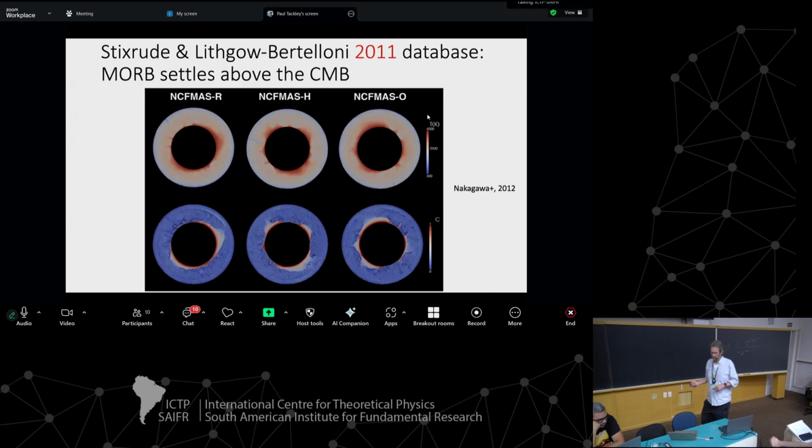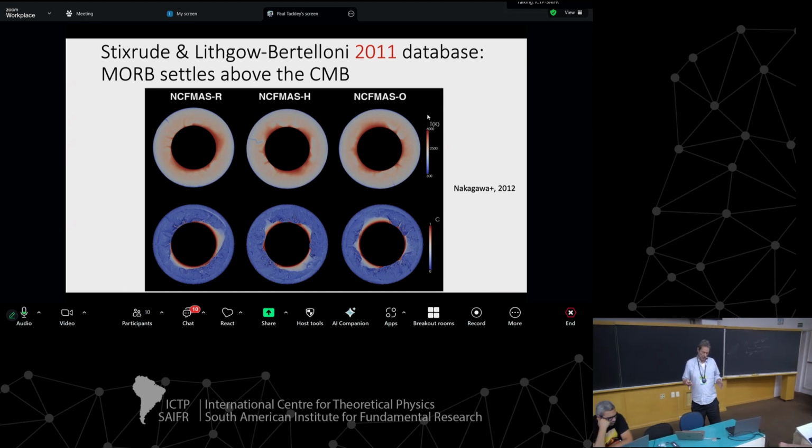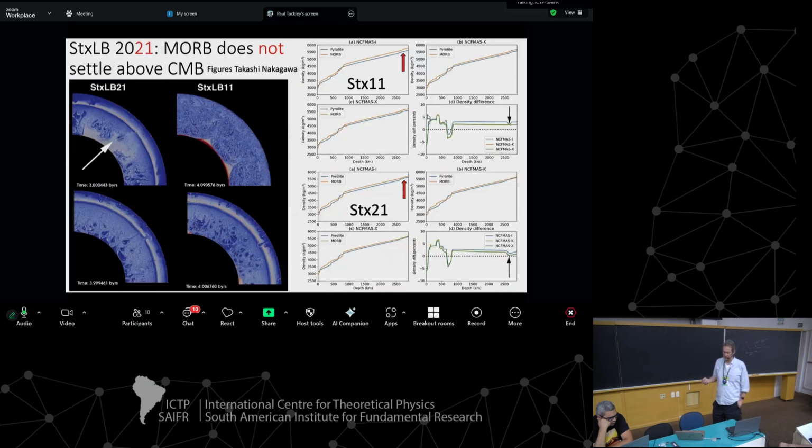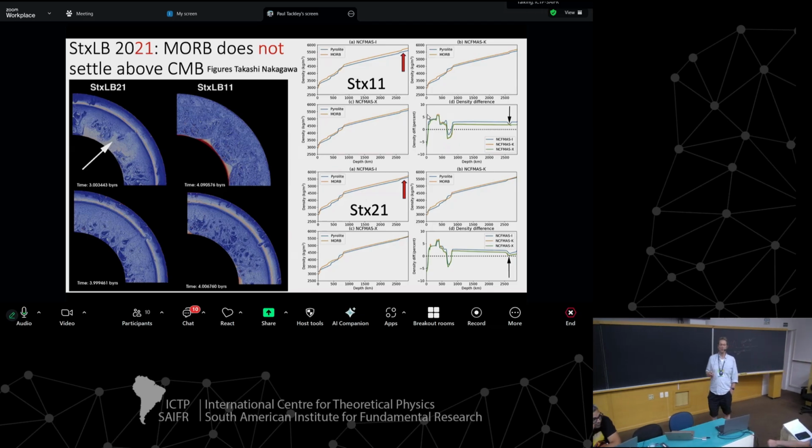These simulations are using densities calculated using the 2011 database, and in this case, subducted basalt settles above the core mantle boundary. We're used to seeing this type of thing in simulations dating back to Christensen and Hofmann, 1994. But when you calculate the same thing using their 2021 database, you find that basalt does not settle above the core mantle boundary.